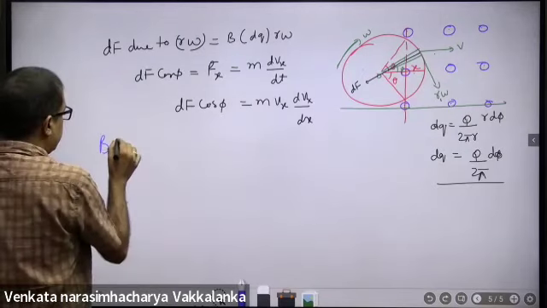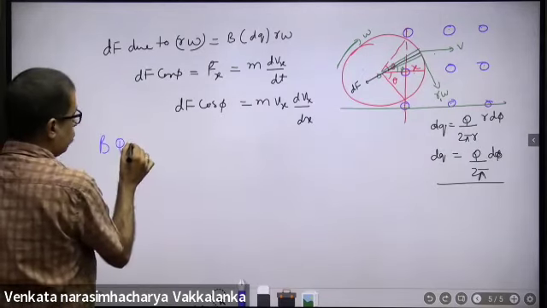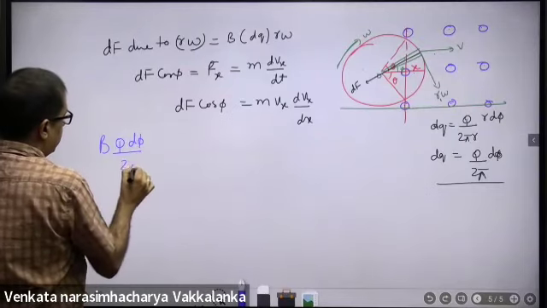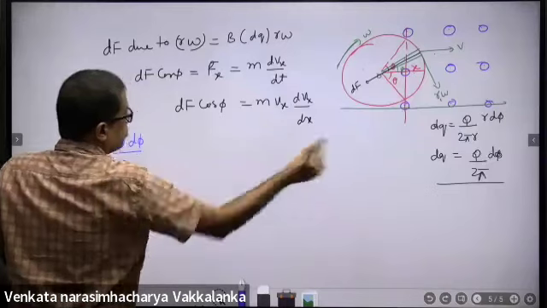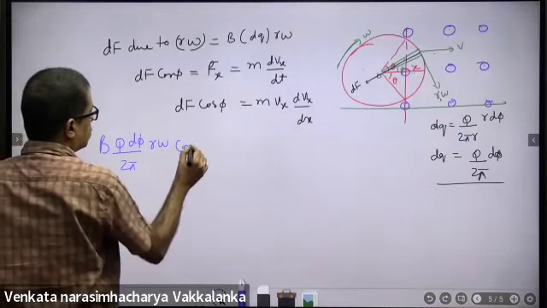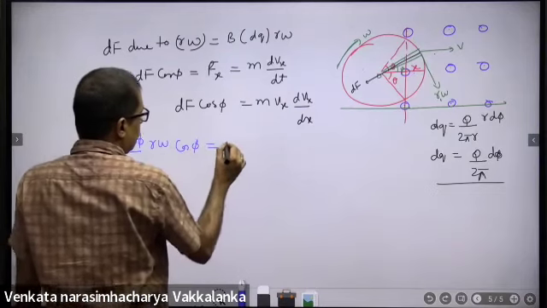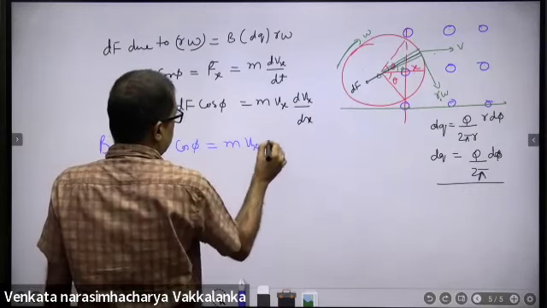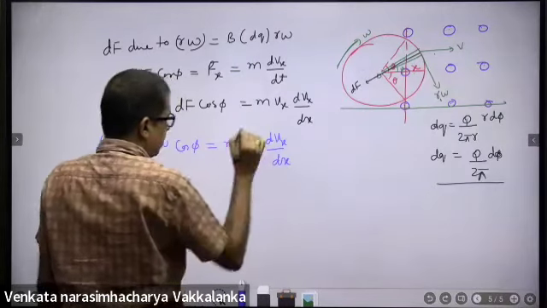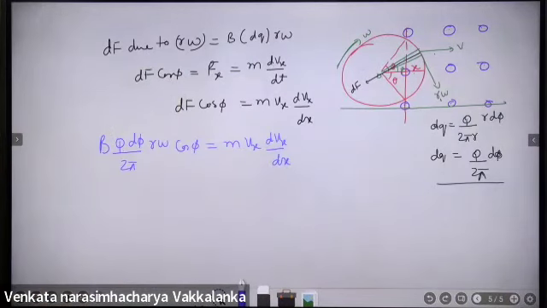B dq will be q d phi by 2 pi. dq I substituted from there. R omega cos phi is equal to m Vx dVx by dx. Till here, are we clear?